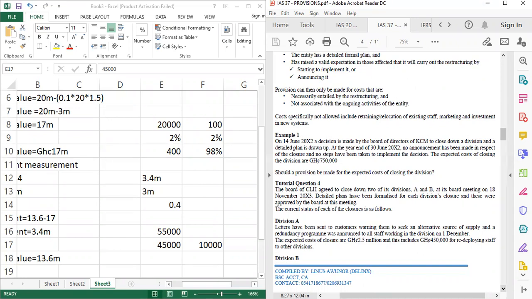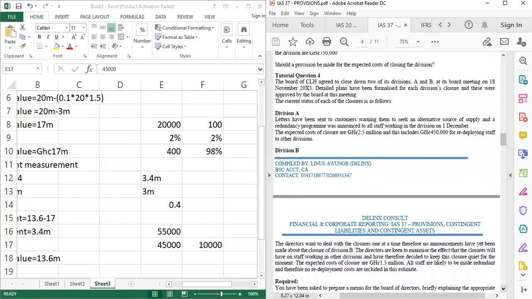Division B. The directors want to deal with the closures one at a time. Therefore, no announcement has yet been made about the closure of Division B. The directors are keen to minimize the effects that the closure will have on staff working in other divisions, and have therefore decided to keep this closure quiet for the moment. The expected cost of closure is 1.5 million.